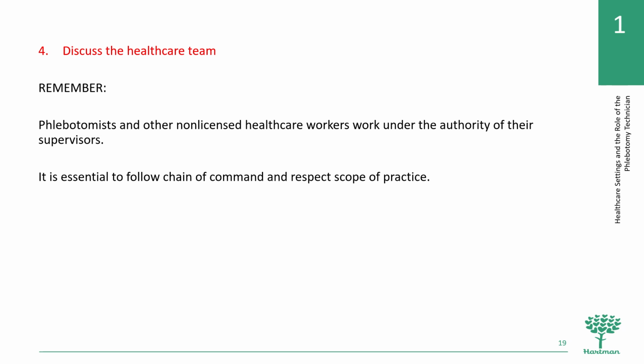So they work in what's called a delegatory role. It's essential to follow the chain of command and respect the scope of practice. Violating the chain of command or working outside of your scope of practice can make you susceptible to a lawsuit and loss in a lawsuit.